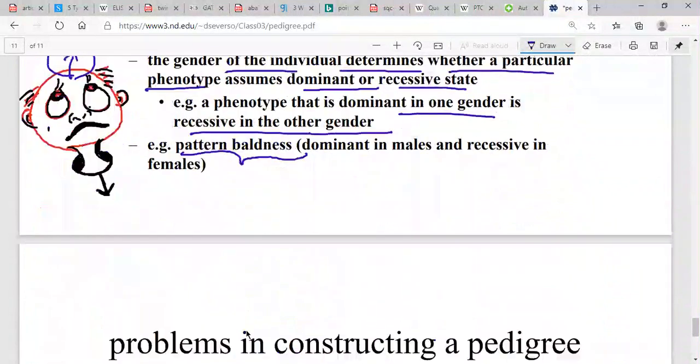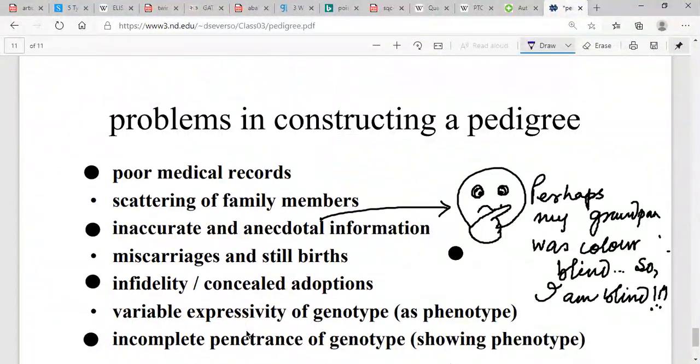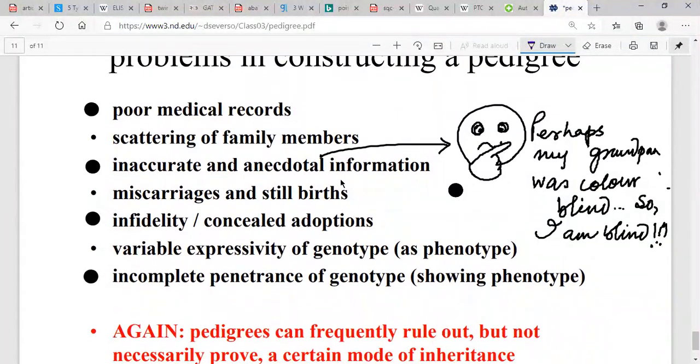But what are the flaws, the defects and problems, while you are studying or doing practical work in pedigree? Poor medical records. Very few people can provide you the proper medical history of a particular genetic trait.